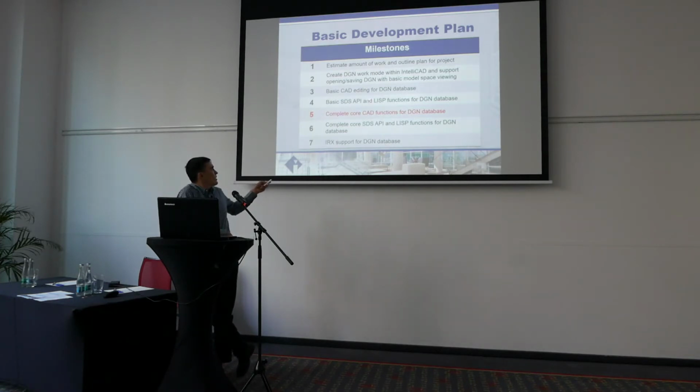So now we're here. And actually, we have already made some changes that were planned for milestone 7. We have already changed the API to get access to the DGN database.